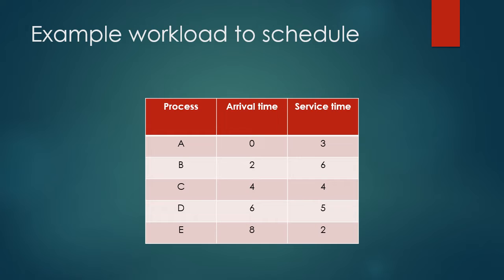B arrives at time instant 2 and it requires 6 seconds. C arrives at time instant 4 and requires 4 seconds. D arrives at time instant 6, requires 5 seconds of execution time. And E arrives at time instant 8 and requires 2 seconds of execution time. This example is going to be the same for all scheduling algorithms. Every time I will begin by showing you this table and then we will move forward.